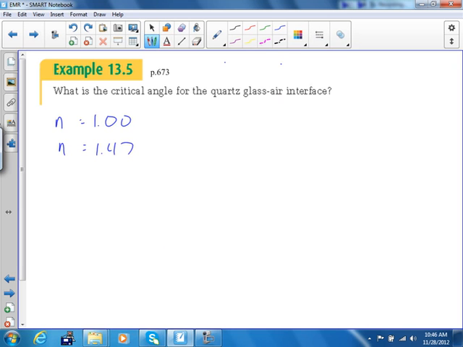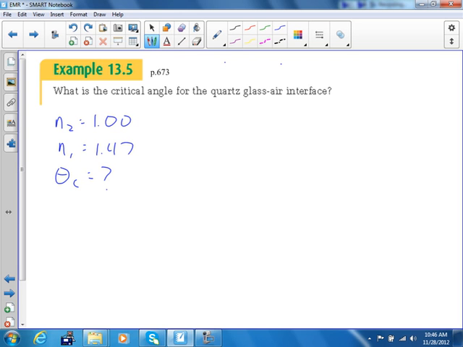We want to find theta c. Tell me which one is n1 and which one is n2. n1 is the quartz glass. How do you know that? Good. It has to go from a high index of refraction to a low index of refraction. Having said that, if you got mixed up with it, you'd still get away with it because you'd get an error, and you'd know to try it again.